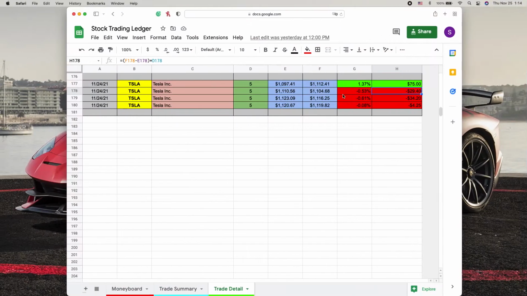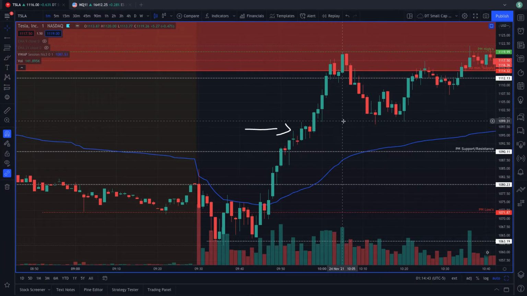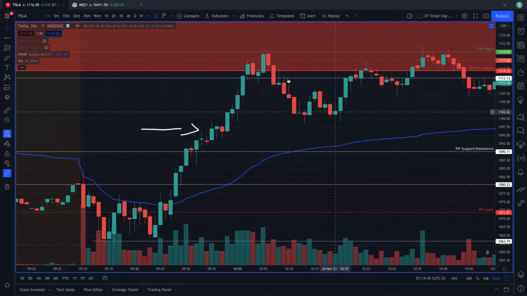But I was up 75 on the day. In my head I was thinking, I'm really close to $100 for the day, so you know, I'm gonna try it for $100, even though I knew that it was not a great idea. Basically, the stock pulled back, rejected pre-market highs, went down.